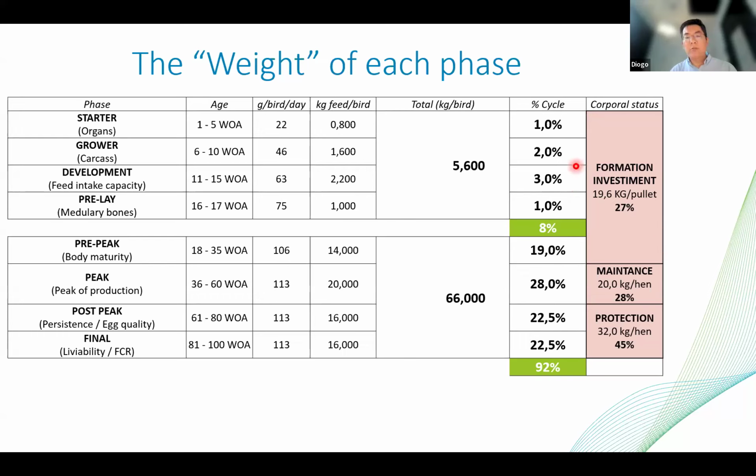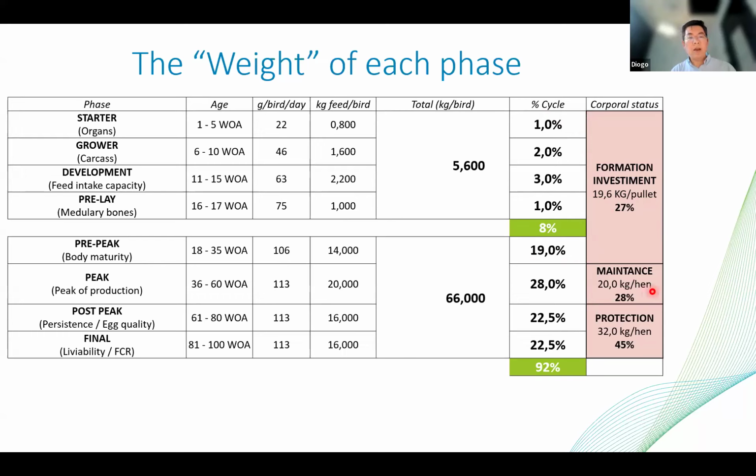So if we consider that from start until pre-peak we are on the phase of formation or investment, all the feed that the bird will eat until 35 weeks of age represents around 27% of the total feed of the 100 week cycle.